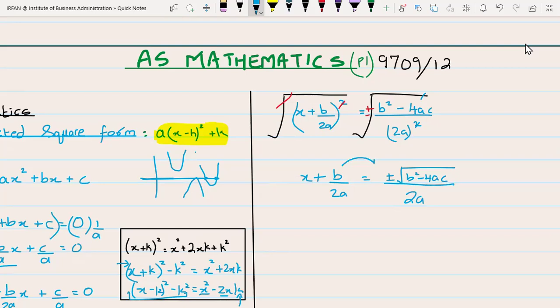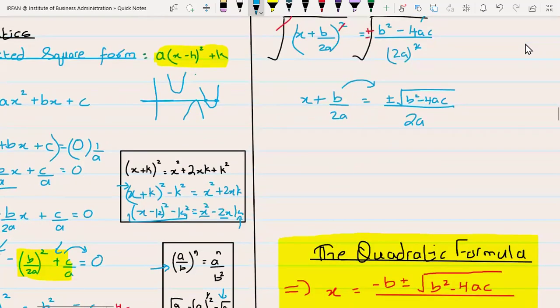Now, in order to isolate the x, we can move this b upon 2a to the right hand side to get x is equal to minus b upon 2a plus minus under root b squared minus 4ac upon 2a. Now, simply this is how we reach our quadratic formula.